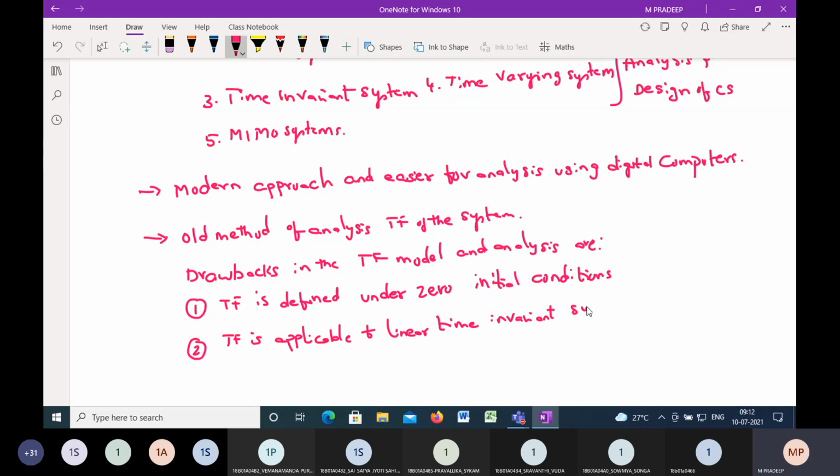Whereas the state space is applicable to five different types of systems: linear system, non-linear system, time invariant system, time variant system, and MIMO systems.